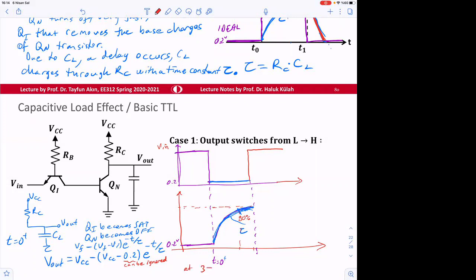At 3 tau, output V out reaches VCC. Does it make sense? Yes. V out at infinity is going to VCC. So V out 0 plus is going to be 0.2.